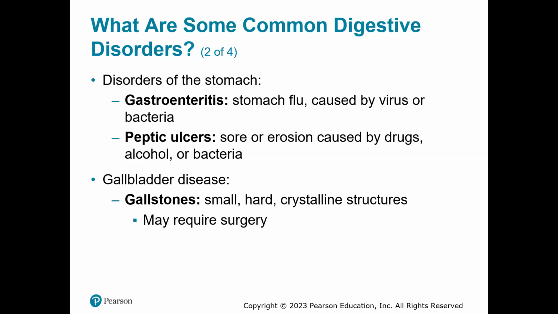So alcohol use disorder can cause that as well. And then gallstones we talked about may require surgical removal. Those small, hard crystalline structures block up or fill up your gallbladder and lead to clogging of the ductwork and all of that kind of stuff. And it's quite painful when you have what we call a gallbladder attack from the gallstones. It becomes very, very painful as well.